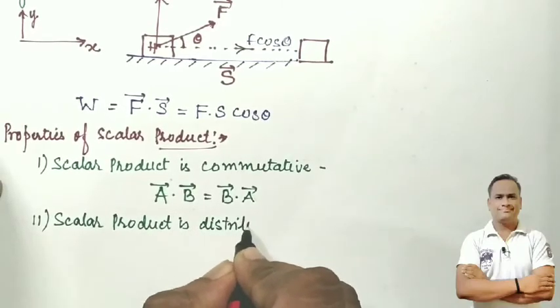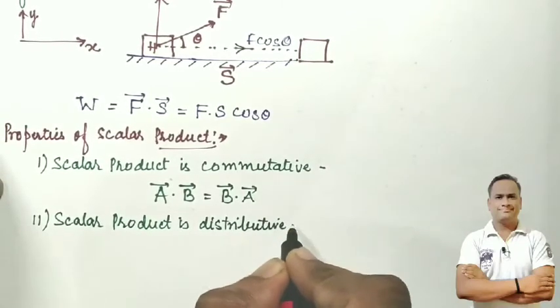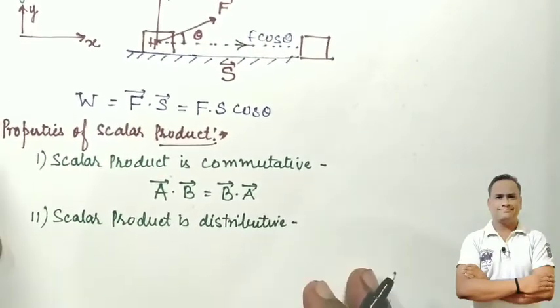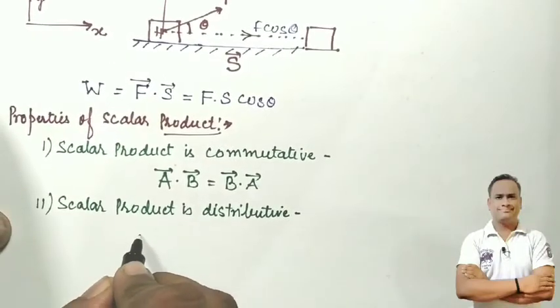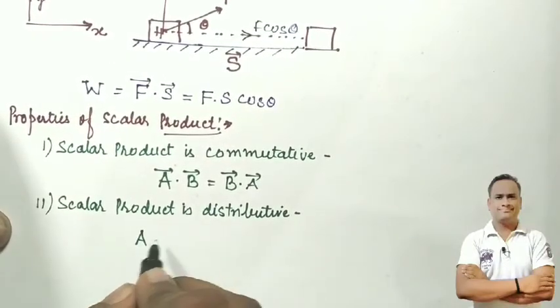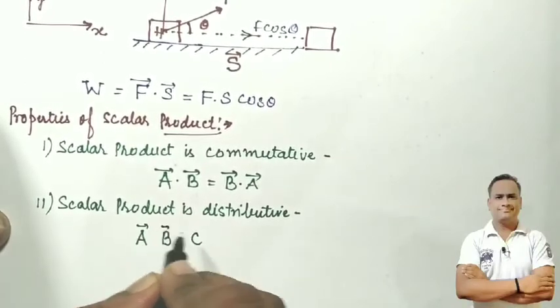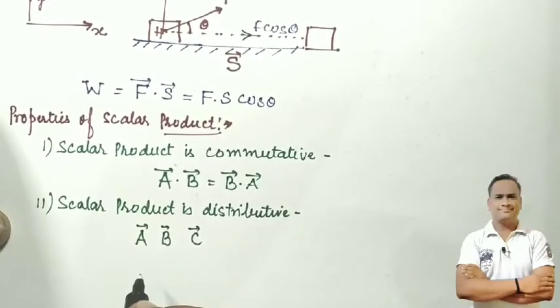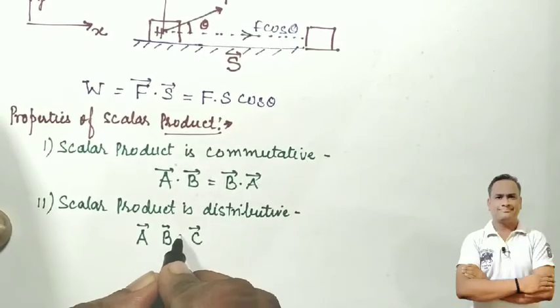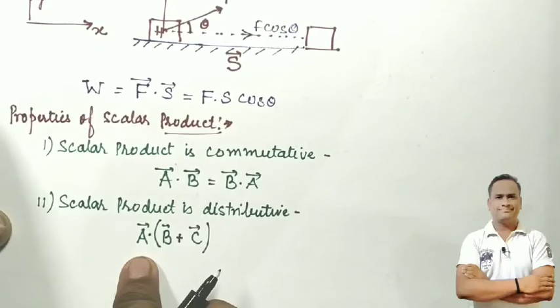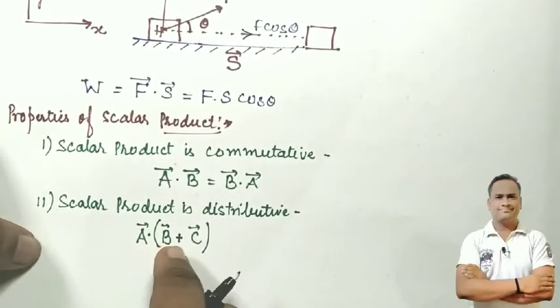What is the distributive property of a quantity? Distributive property means that if we have three vectors, vector A, vector B and vector C, and we calculate the dot product, where vector B and vector C are added with each other and multiplied with vector A, then we have to take A dot (B plus C).